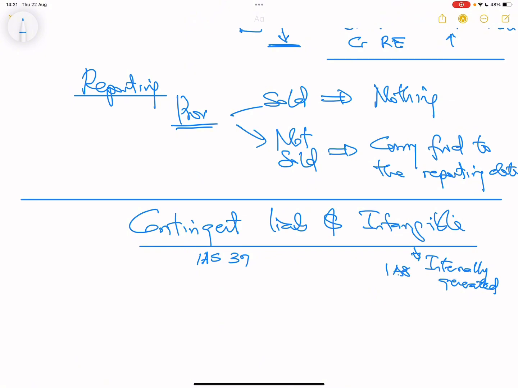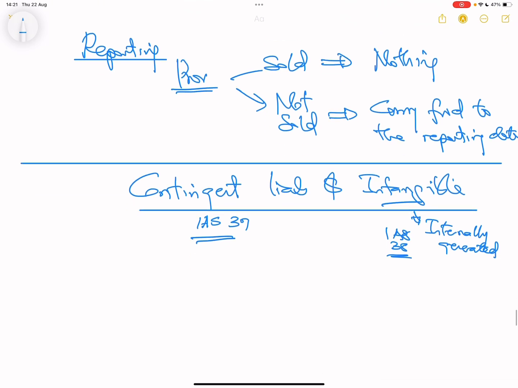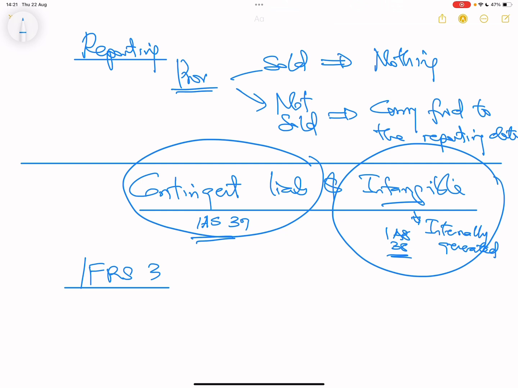Likewise, IAS 38 prohibits recognition of intangibles. Just the same way IAS 37 prohibits recognition of contingent liability. However, there's an exception, and this exception is coming from IFRS 3, which says that if there is an acquisition, which is why we are talking of consolidation, in that case, these two are allowed to be recognized.